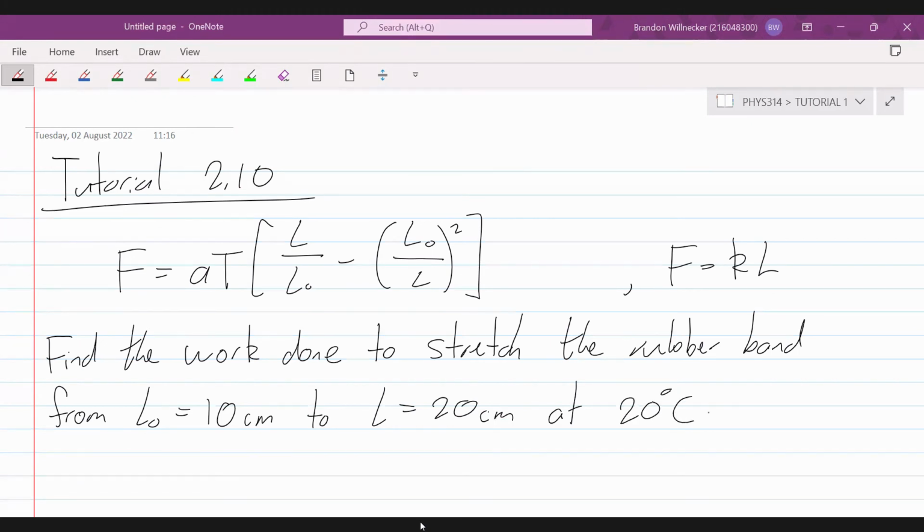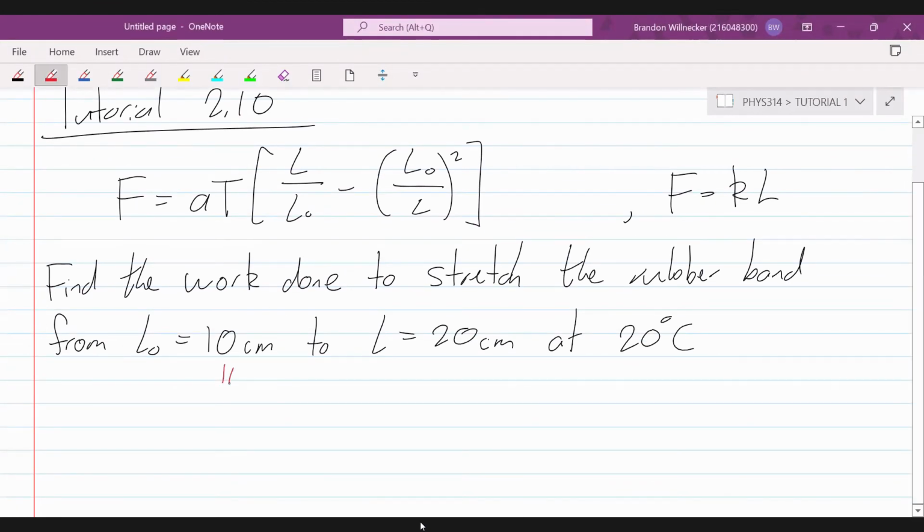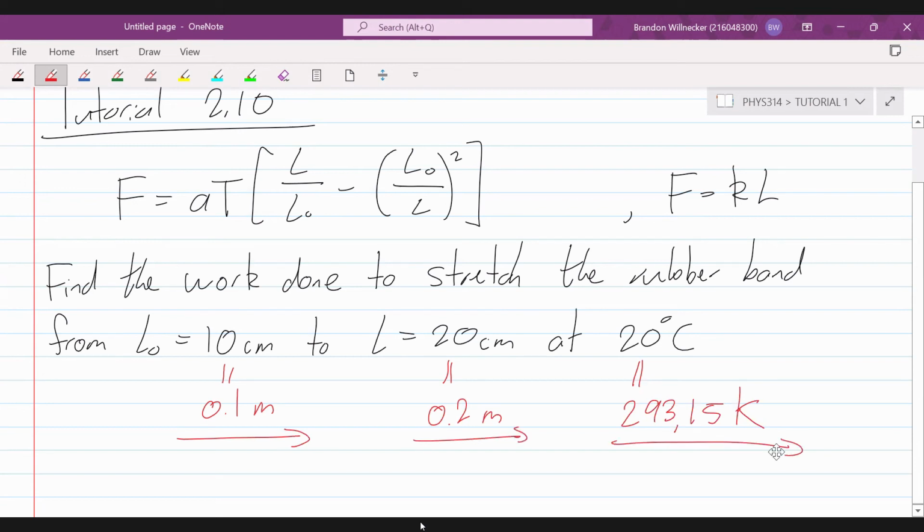Now none of these units are going to work for us. Centimeters, we don't care about that. We want it in meters, so that's 0.1 meters. 20 centimeters is 0.2 meters. And 20 degrees Celsius, we're not interested in Celsius. We want 293.15 Kelvin. So make sure that you're always working in the correct units.